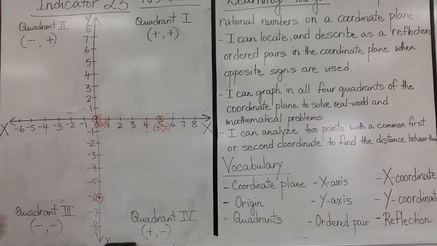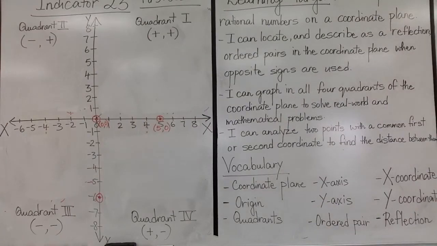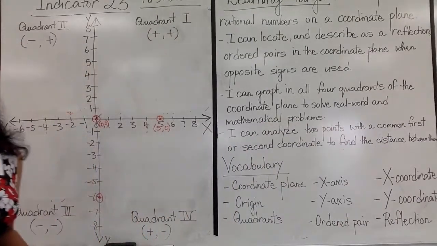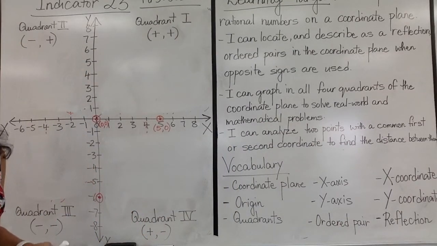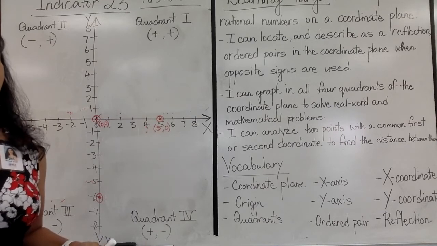So now let's say I give you certain problems, and in that I ask you to reflect it on either the x-axis or I ask you to reflect it on the y-axis, okay? So you can reflect ordered pairs on any of the axes, all right?